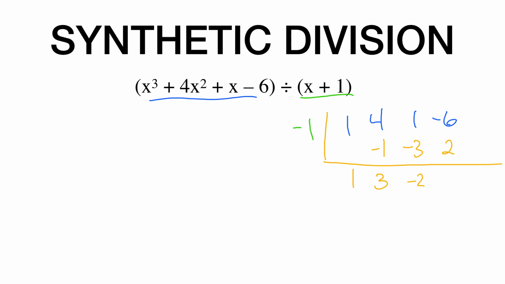Negative 2 times negative 1 is positive 2. Negative 6 plus 2 is negative 4. Meaning, this is the remainder. Because it started as cubic, it's now quadratic. x squared plus 3x minus 2 with a remainder of negative 4 over x plus 1.